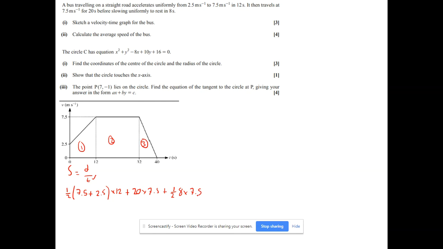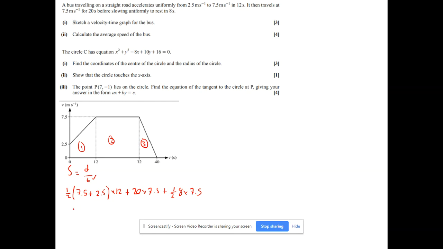So we've got 7.5 plus 2.5, and then I'm going to half that, times it by 12, plus 20 times 7.5, add on 4 times 7.5, which gets us 240.